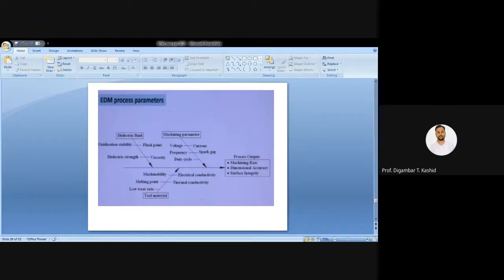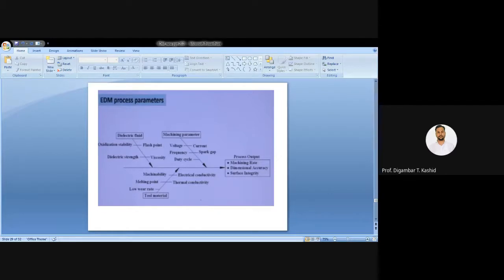Whatever these process parameters are, they will affect your performance. So in the dielectric you should know the different parameters.